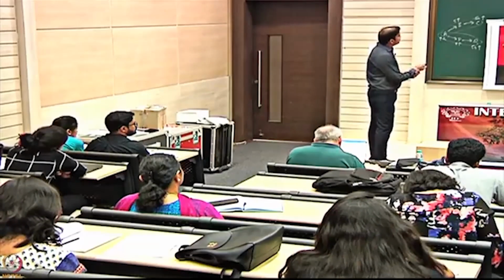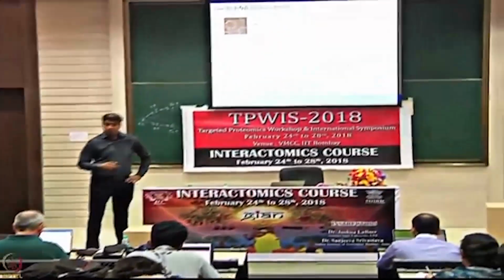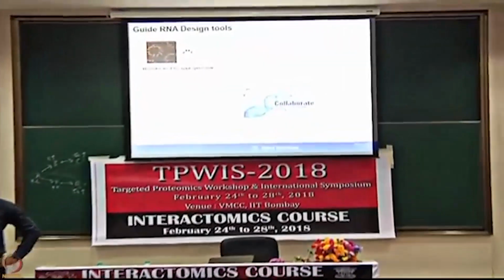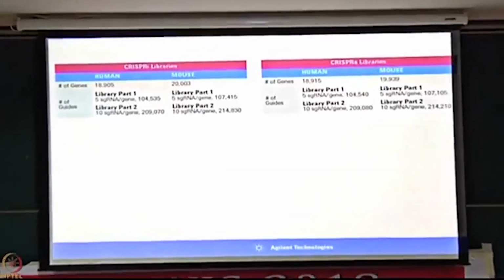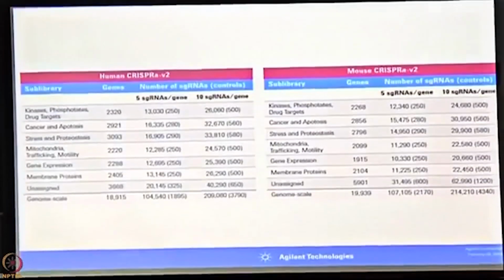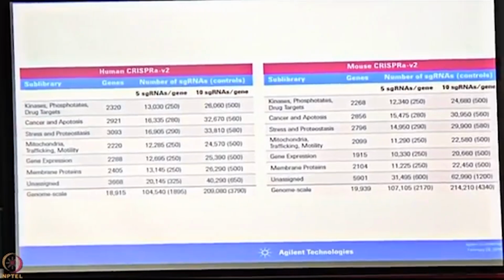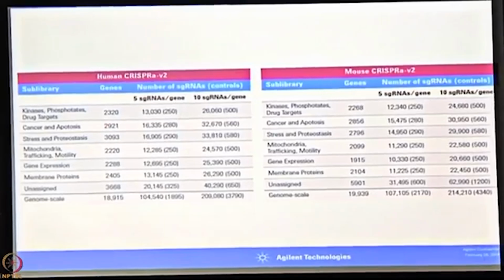So in that context, Agilent is happy to collaborate with people who are interested in making guide RNAs, right? And we already have some guide RNAs for different diseases. Like if you have the cancer panels, we already have these are the genes and these are the guide RNAs we make.